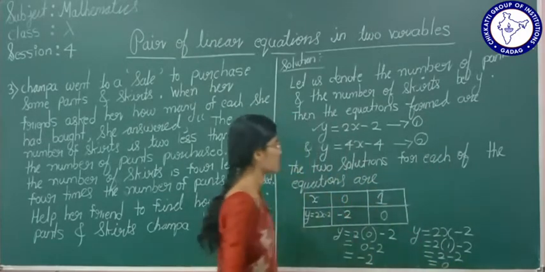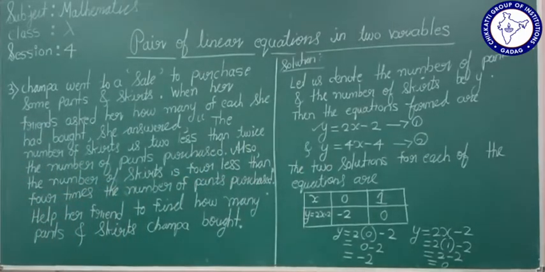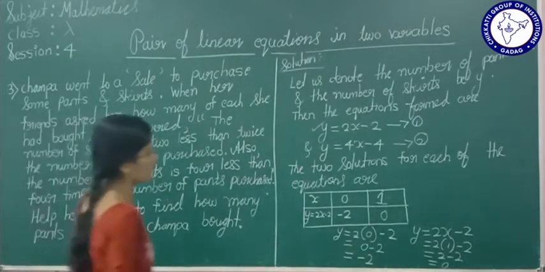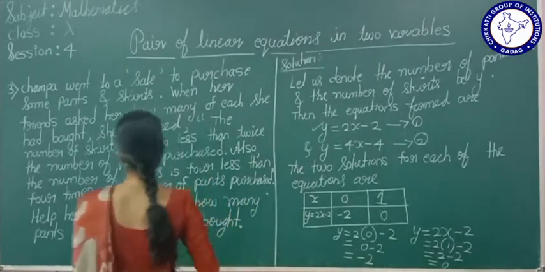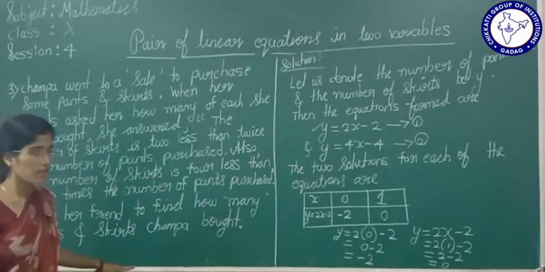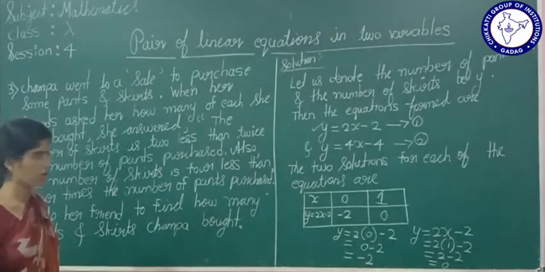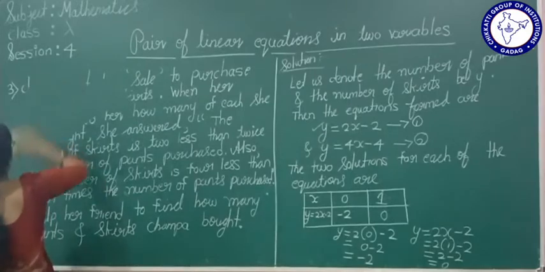Okay, this is the solution of equation number 1. In a similar way, we are going to find the solution of equation 2. What we have to find out is how many pants and skirts Champa bought.